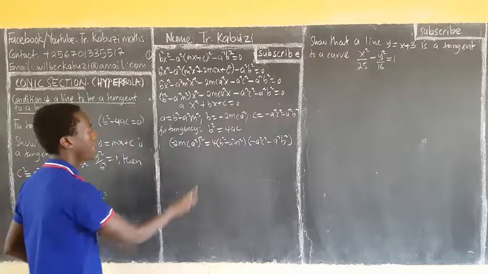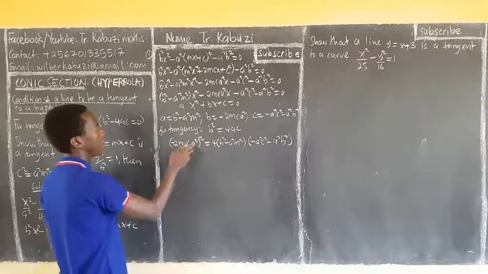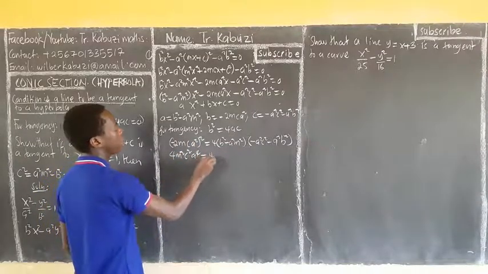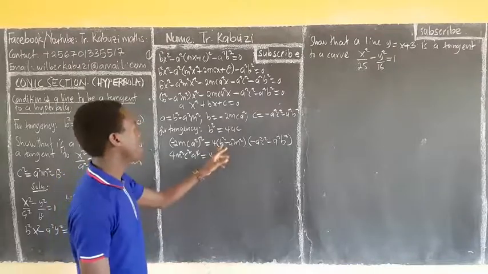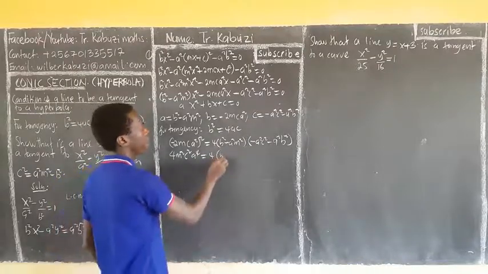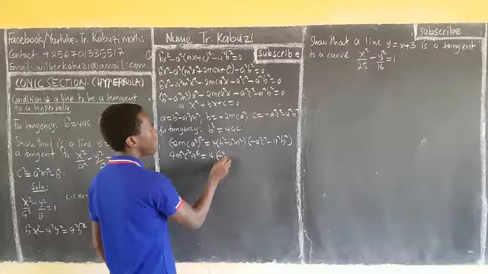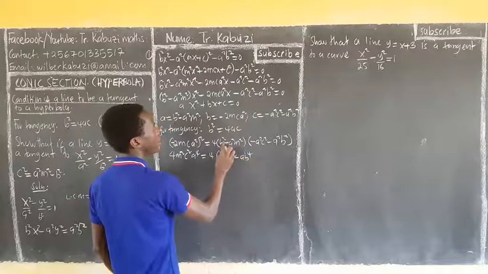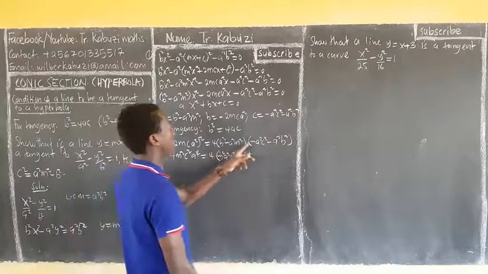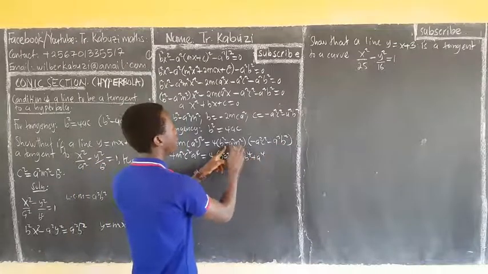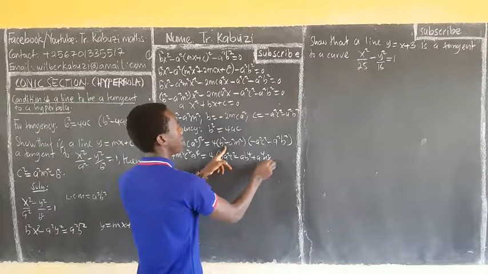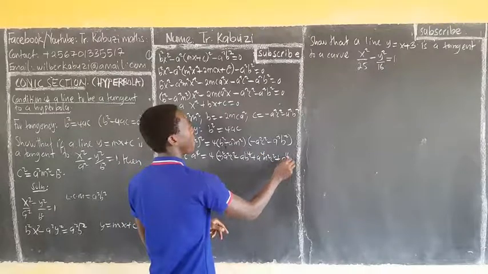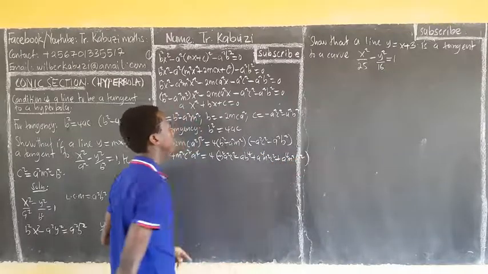If I expand here, I have this as 4, and I square this: m squared, c squared, a power 4, equaling 4 into, you can open brackets there, this times this, you get b squared, minus a squared c squared, then this and this minus a b power 4, then plus a power 4 m squared c squared, then plus a power 4 m squared b squared.